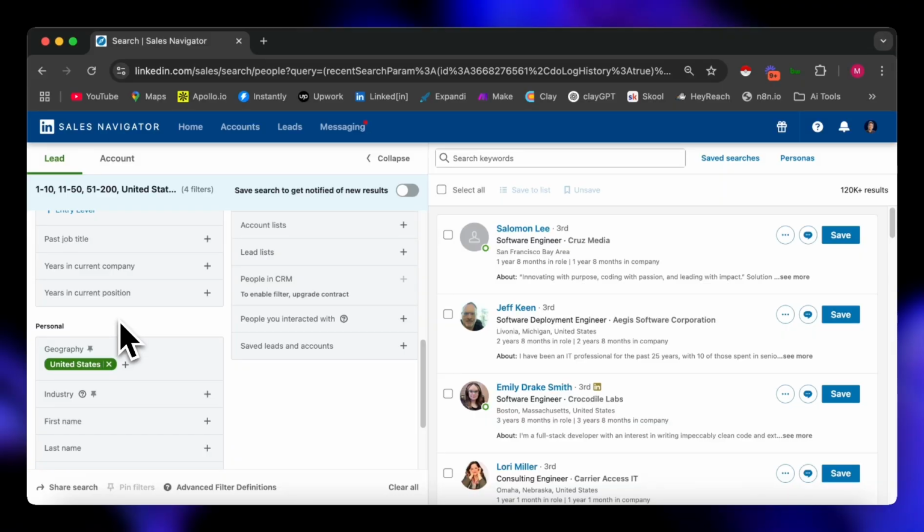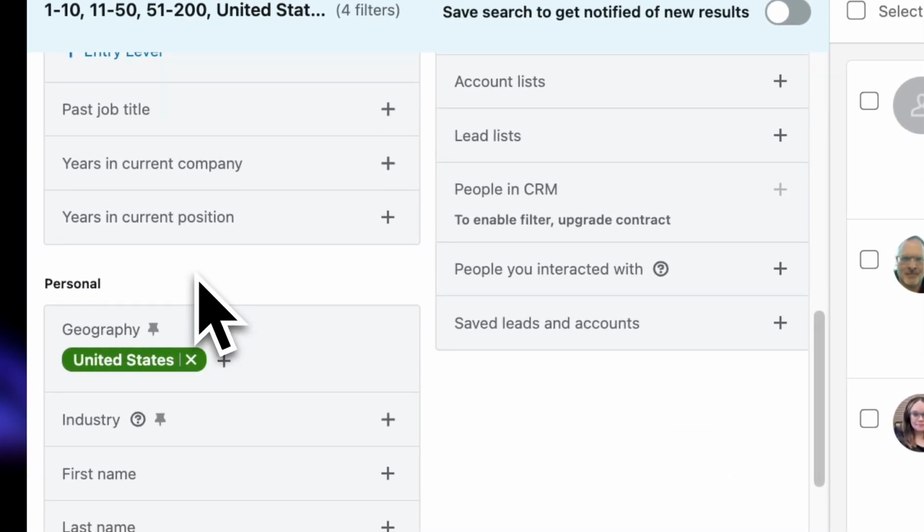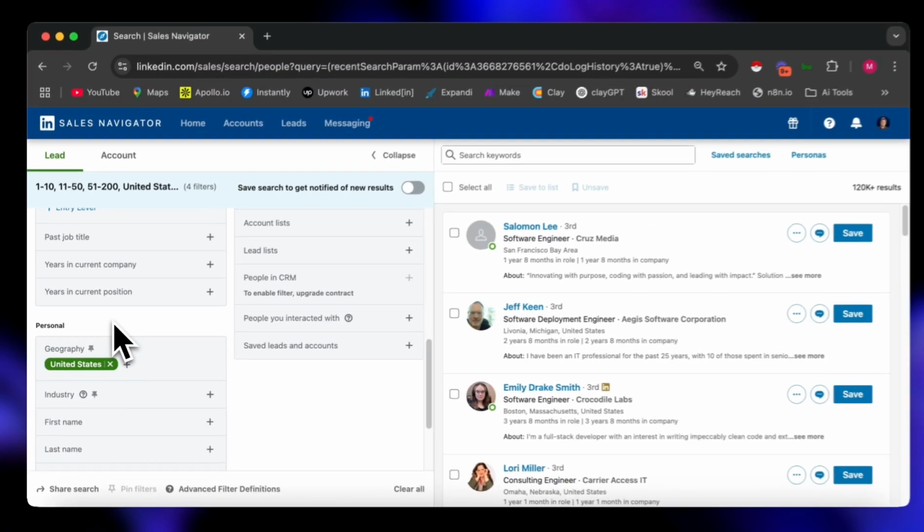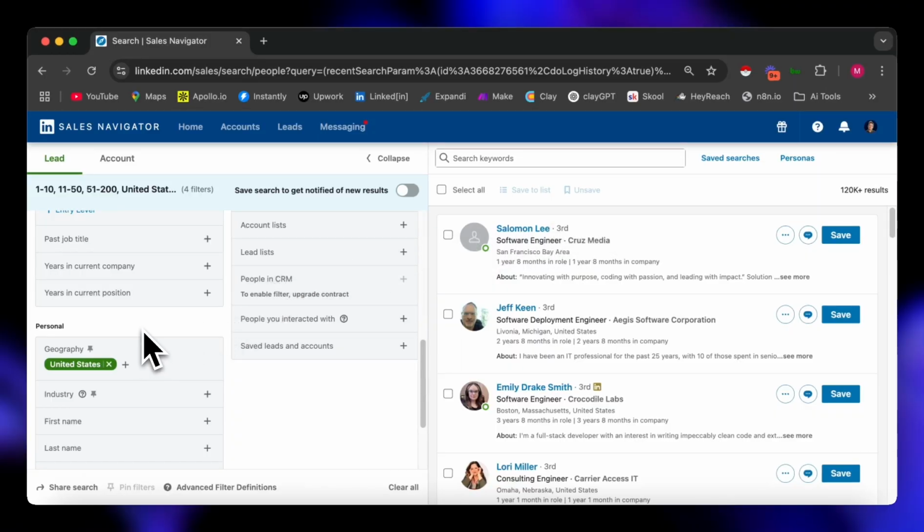I want them in the United States, and those are the people that I want to speak to, because for whatever our ICP is just making sense for that. But understand that is a significant optimization, again, by just demanding that the person and the company are both headquartered in the United States.